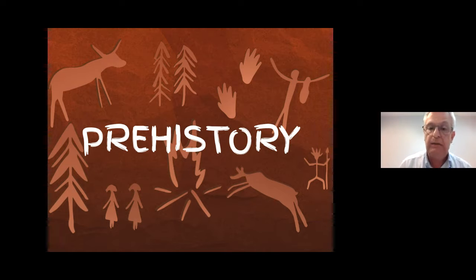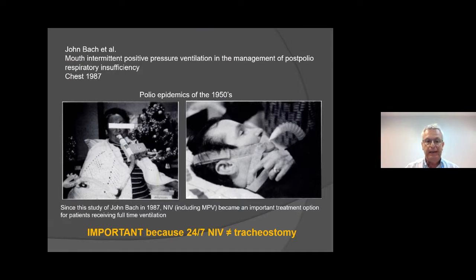So we started in 1953 with the prehistory until 1987, and in 1987 we had a fantastic study from the famous John Bach, and the title of this paper was Mouth Intermittent Positive Pressure Ventilation in the Management of Post-Polio Respiratory Insufficiency. This paper was made after the very famous polio epidemics in the 1950s.